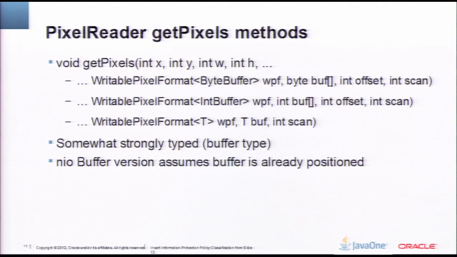So the various get pixels methods that are available on a pixel reader, they all take an XY width height rectangle region that specifies the rectangle of the image you're getting, or in the case of a pixel writer that you're setting.